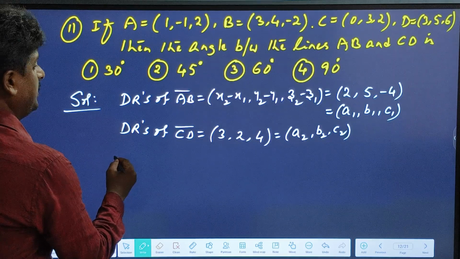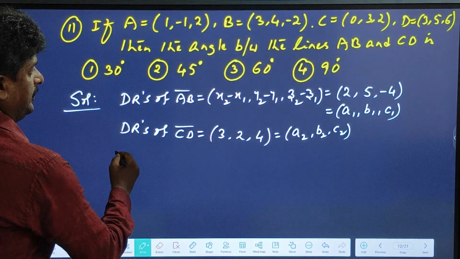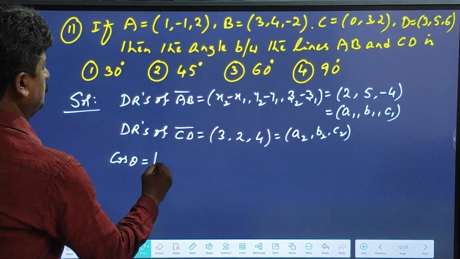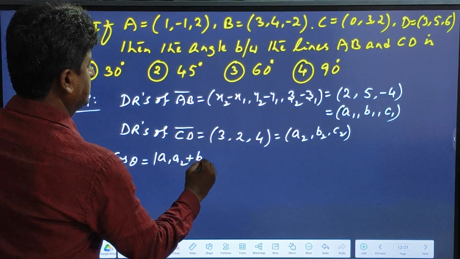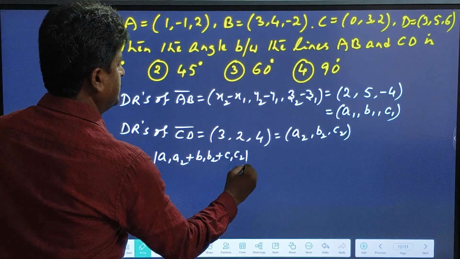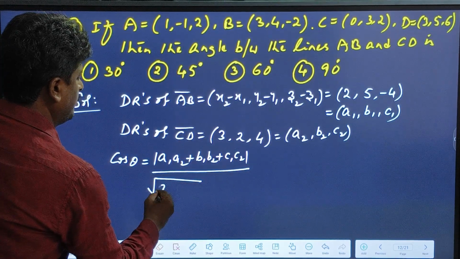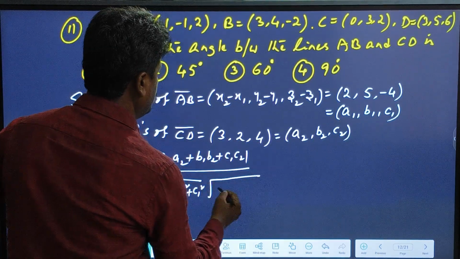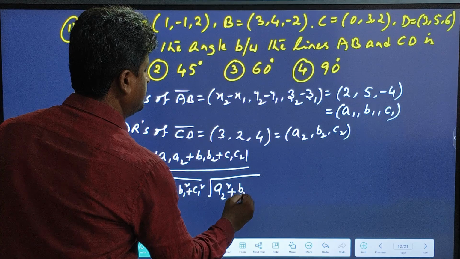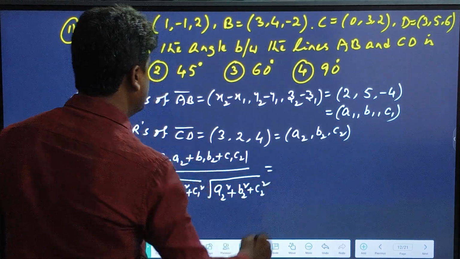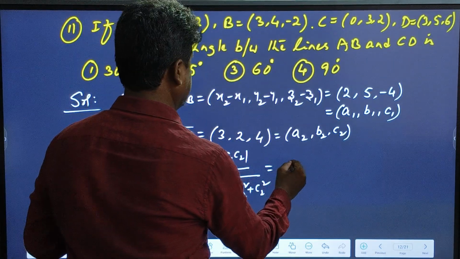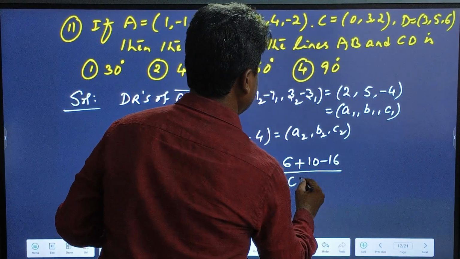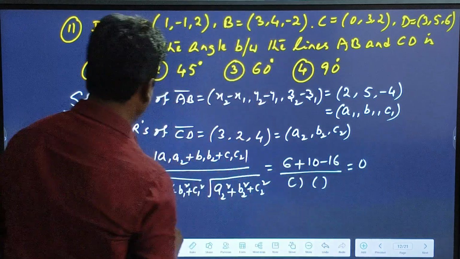Now, the angle between these two: cos theta is equal to modulus of A1 A2 plus B1 B2 plus C1 C2 by under root of A1 square plus B1 square plus C1 square into under root of A2 square plus B2 square plus C2 square, which is A1 A2 is 6 plus B1 B2 is 10 minus 16 by something, which is 0.